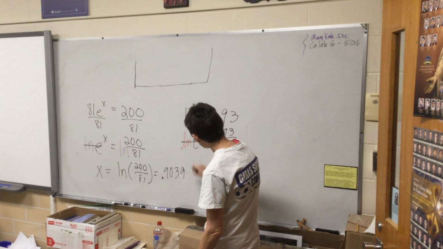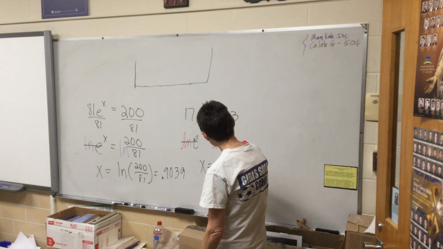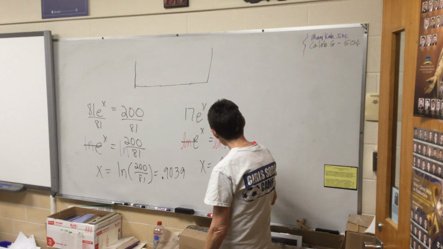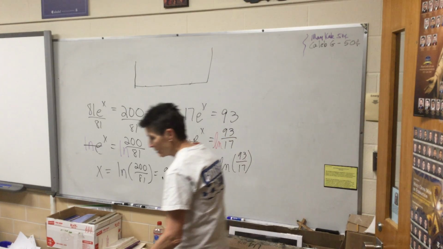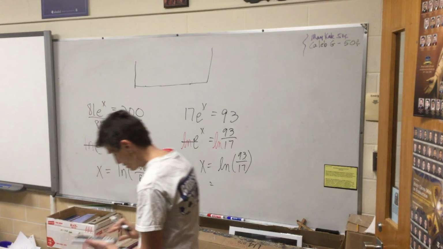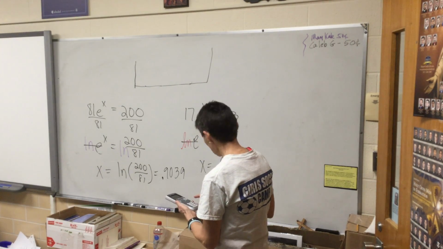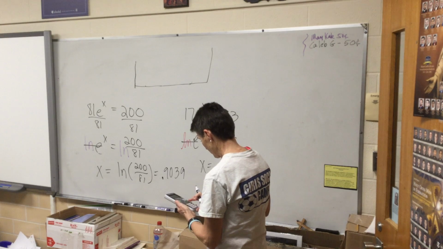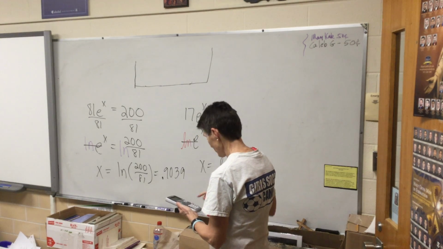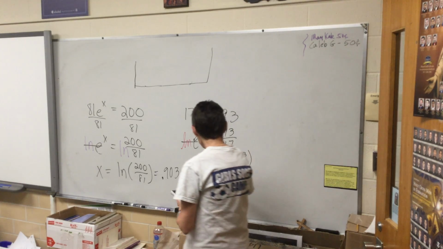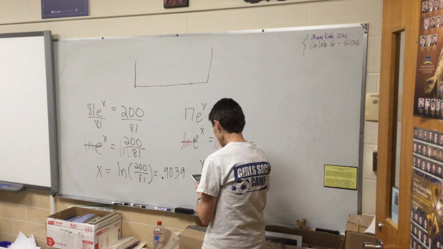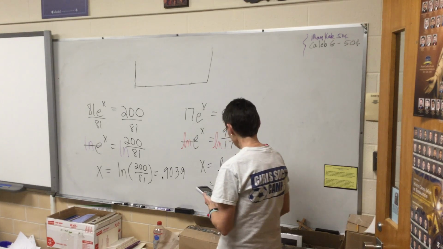And all I have left over here is x equals ln of my fraction. So I will type in ln of my fraction. And that's a divided by, so it's ln 93 divided by 17. 1.6994.